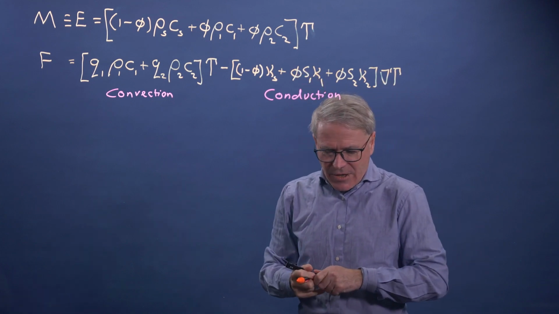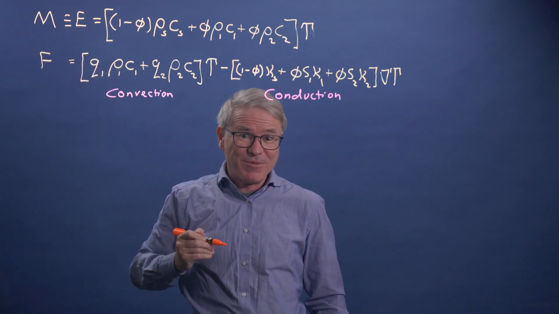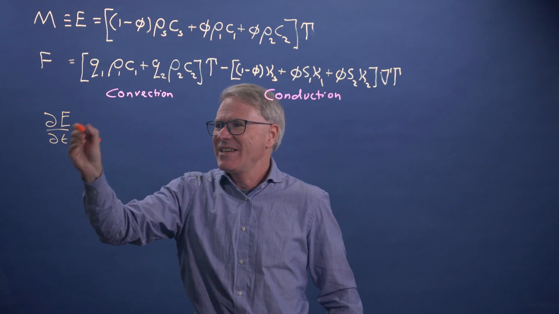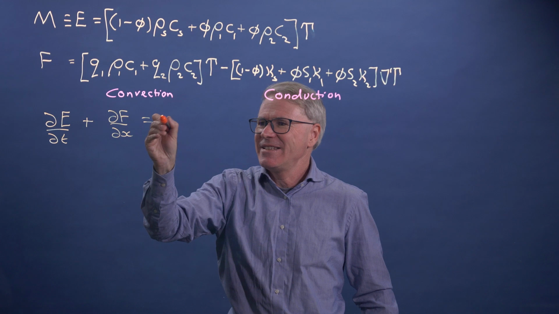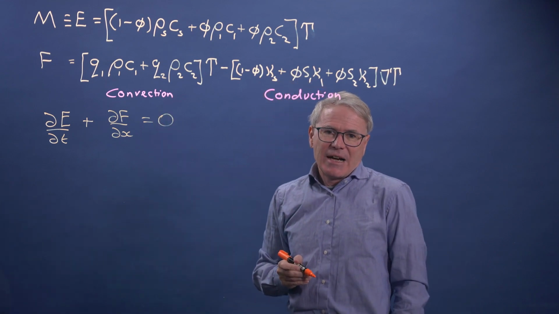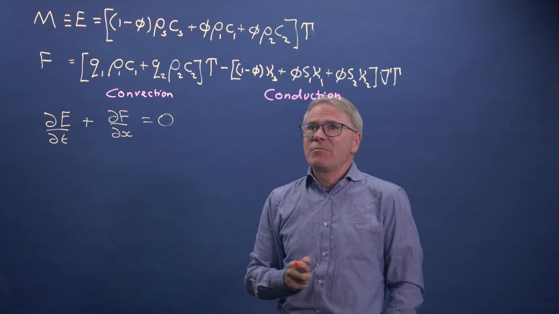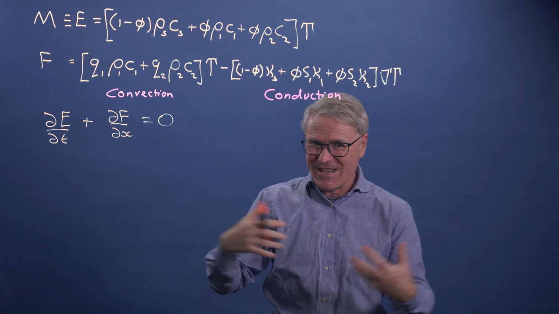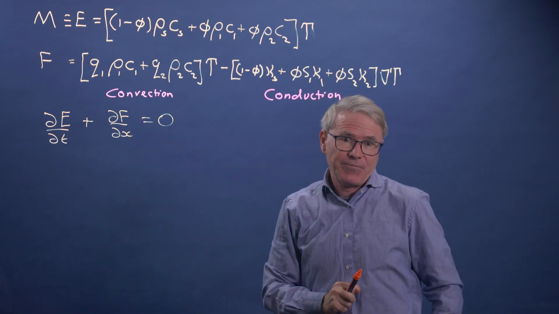Okay, so the equation is, let's write it in terms of E, right? dE by dt plus dF by dx is equal to 0. Now, in general, this is going to be quite complex because we've got temperature here, and obviously we're interested in variations in temperature if we're looking at heat transport, but we've also got fluid flow.